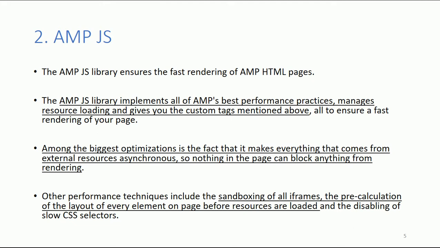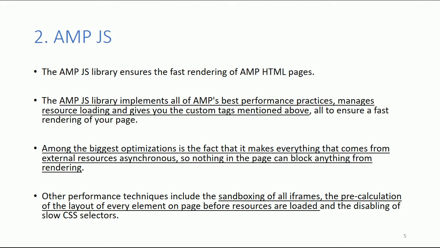One more advantage is that the biggest optimization task is done with the external resources synchronization, and it helps rendering very fast. If you are a front-end developer, you might have heard about rendering problems most of the time on the mobile device side.